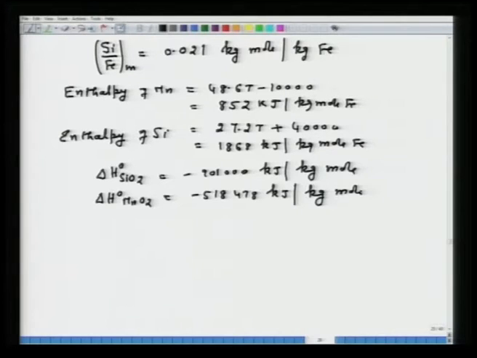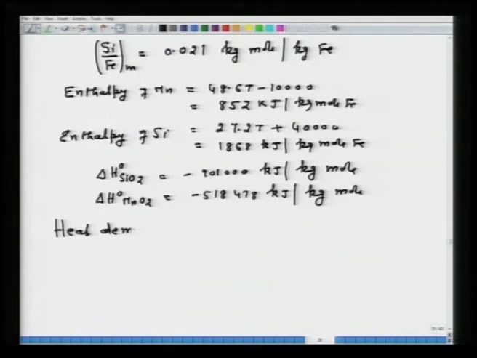Say 0.021 kg mole of silicon will require 0.021 kg mole of SiO2. Similarly, manganese also. So, if you calculate all that, you have to multiply the kg mole of silicon, equal to kg mole of SiO2, by this quantity, and then we get the heat demand.